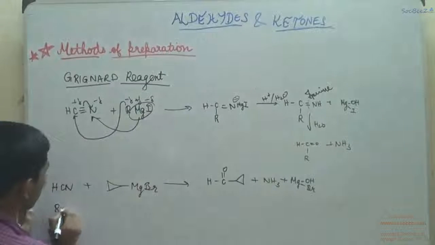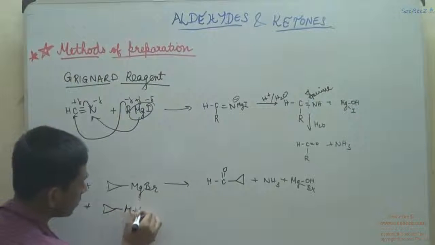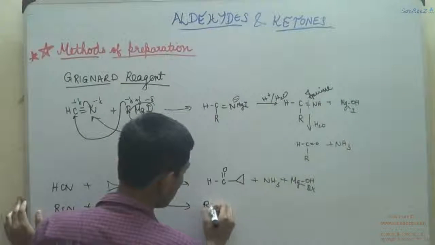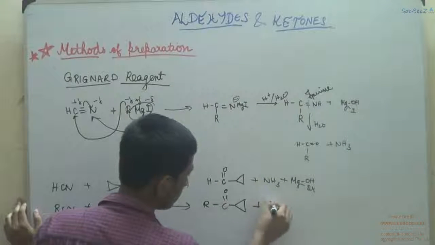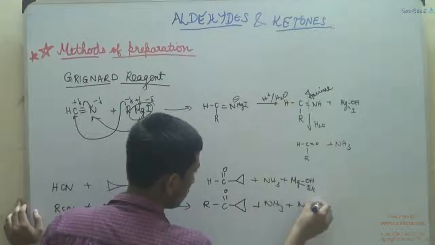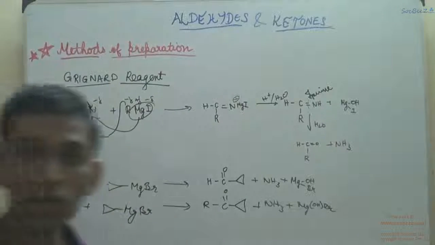Instead of HCN, if I use RCN plus a Grignard reagent with this as the alkyl group, you have R-C=O, so this is your ketone.